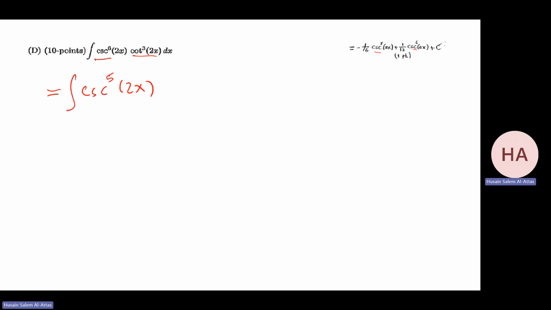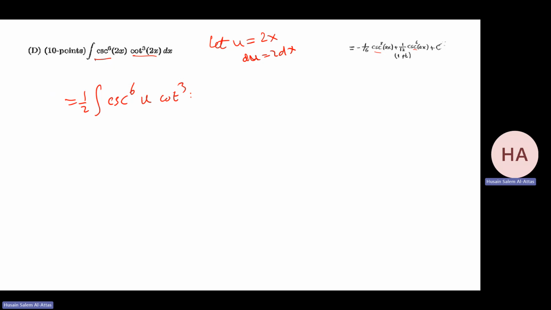Let me get rid of these 2. Since it's an indefinite integral, that will be easy. Du equals 2 dx, so I need half. That will be half the integral of cosecant to the power 6 u cotan to the power 3 u du.